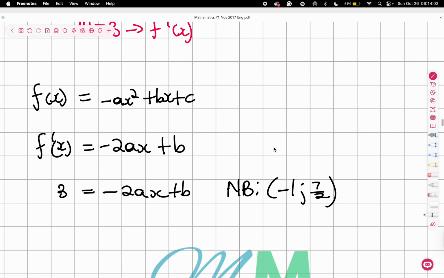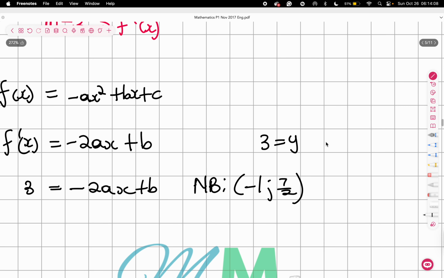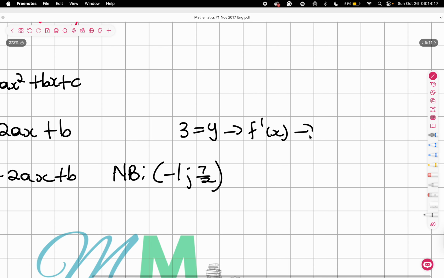Okay, so in this case, 3 is also our y. So 3 is many things here. 3 is y, 3 is f prime of x, 3 is also the gradient, right? So f prime, if you substitute negative 1, it gives you 3.